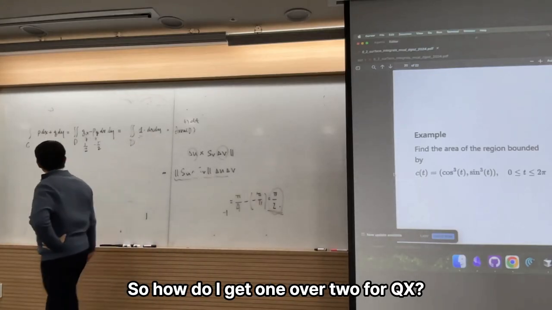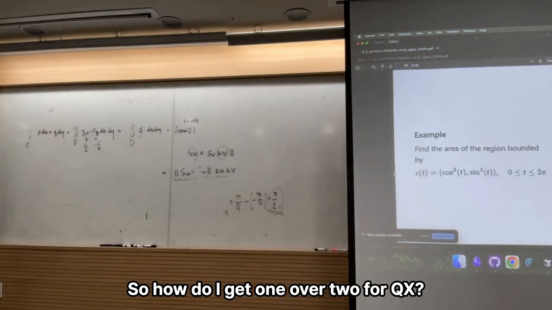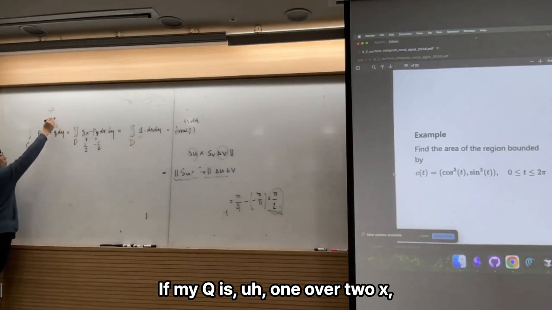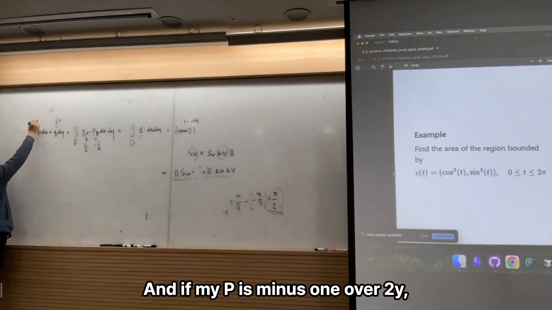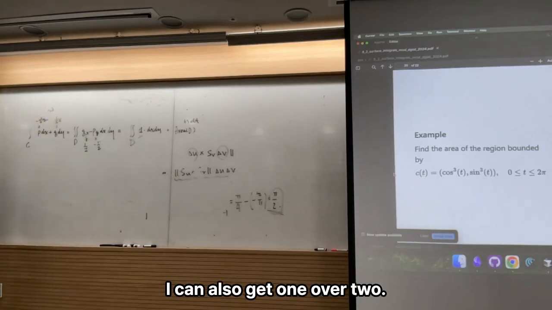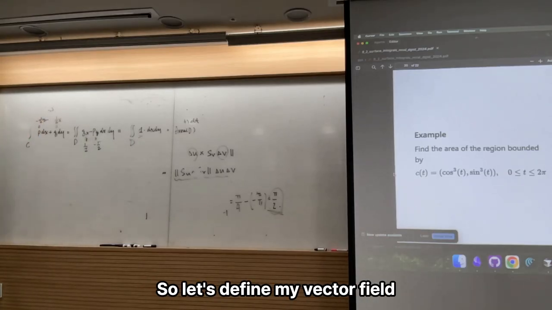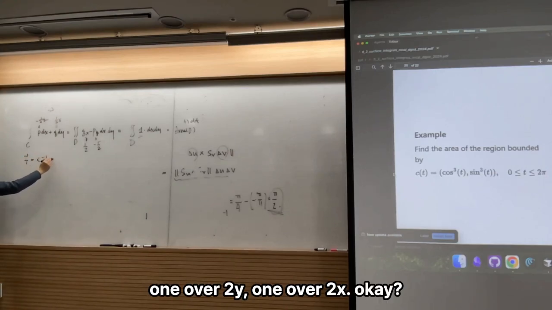So how do I get 1 over 2 for Qx? If my Q is 1 over 2 x, then I get 1 over 2 for Qx. And if my P is minus 1 over 2 y, I can also get 1 over 2. So let's define my vector field to be minus 1 over 2 y, 1 over 2 x.